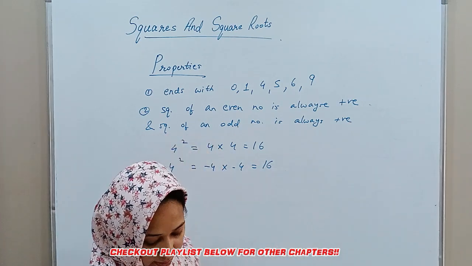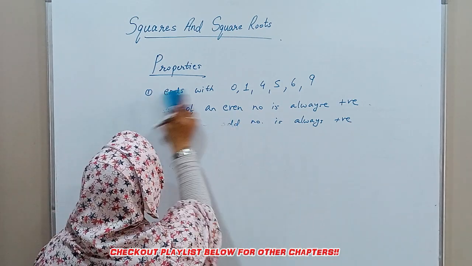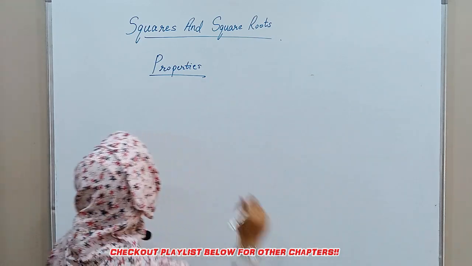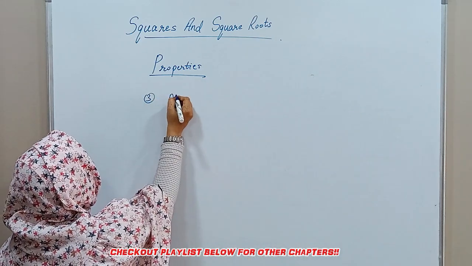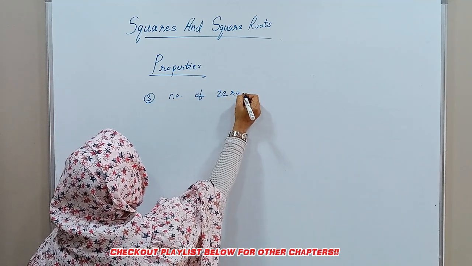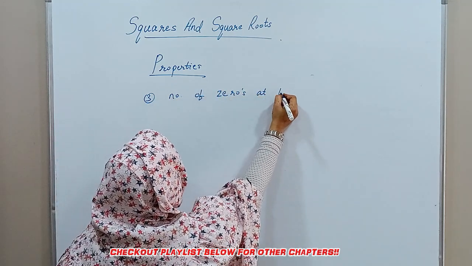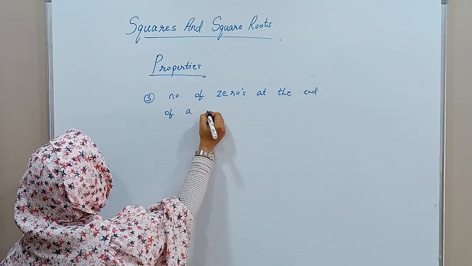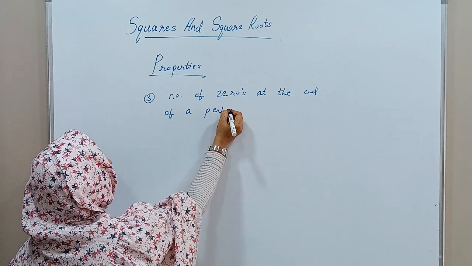Now the third property says that the number of zeros at the end of a perfect square is always even.